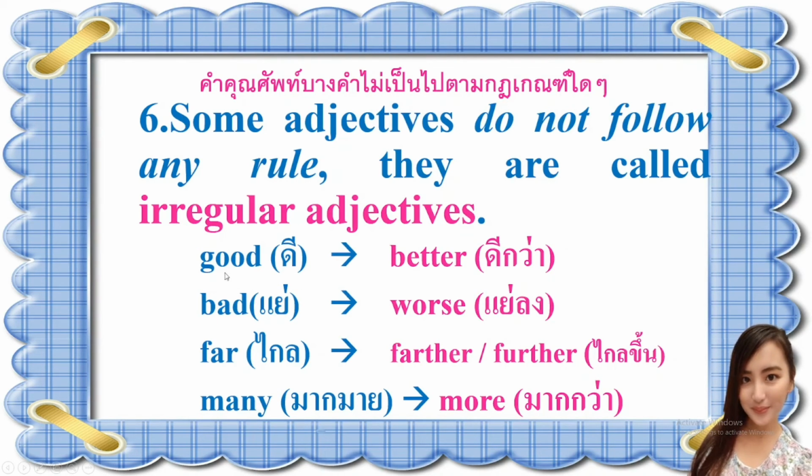Example: good, better, bad, worse, far. We have two, farther and further, many, more. So these adjectives are irregular adjectives.